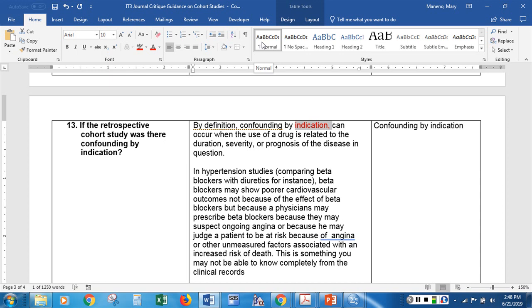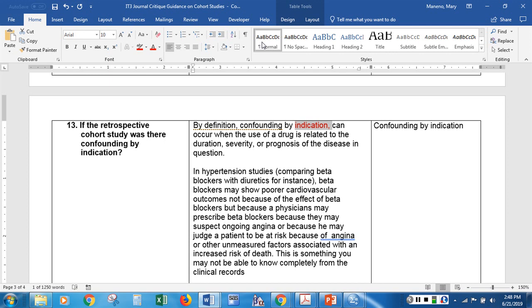Not because the drug itself is bad or increases the risk of poor outcomes, but just because in a clinic setting, those drugs tend to be preferentially prescribed to individuals who tend to be sicker. So that's not the researcher's fault. It's just a function of how the clinic works.